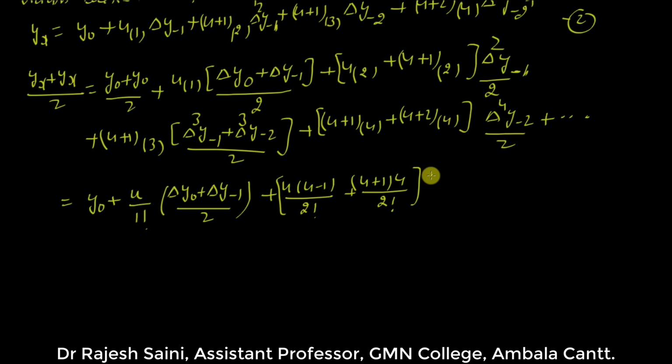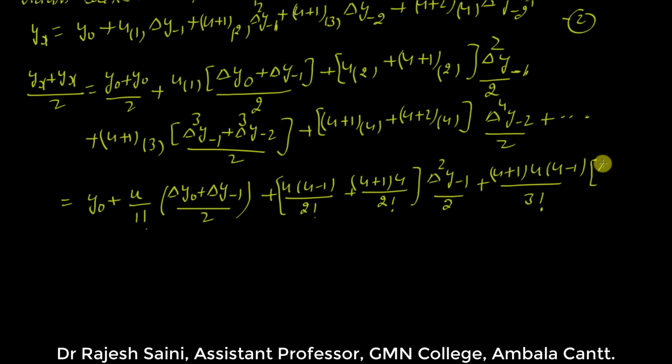and outside will be delta square y minus 1 by 2 plus, what is u plus 1 subscript 3? It is u plus 1 decreased by 1, once again decreased, 3 terms, divided by 3 factorial.